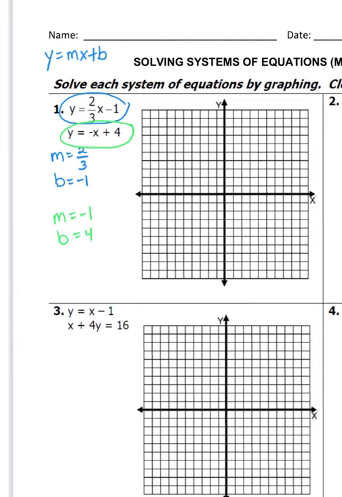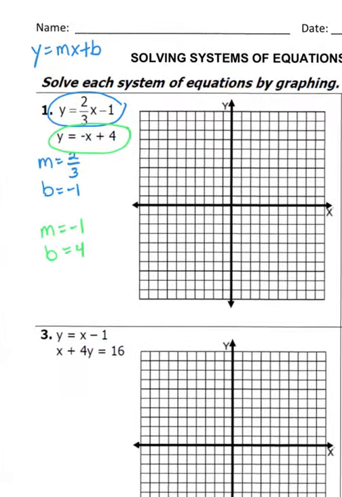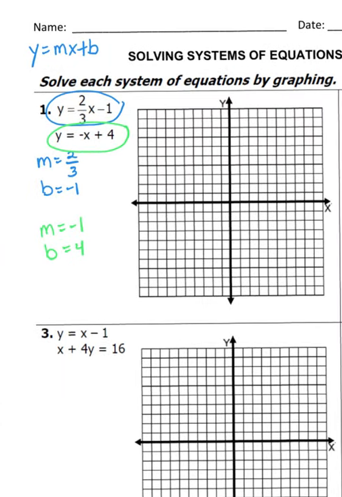Okay, so I'm going to start by graphing your first equation here. So here in blue, we start off with your y-intercept, which is -1. So that's right here. Y is -1, and our slope is 2/3.